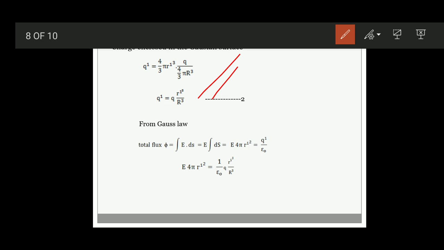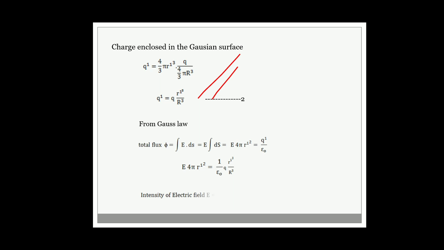So the intensity of electric field E is equal to 1 by 4 pi epsilon naught into Q r dash by R cube Newton per coulomb. This is the intensity of electric field at a point inside of the charged sphere.